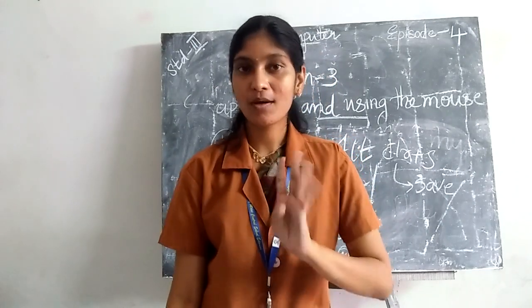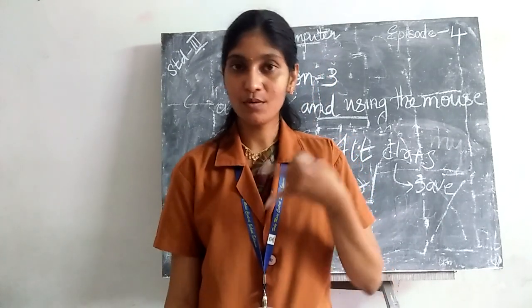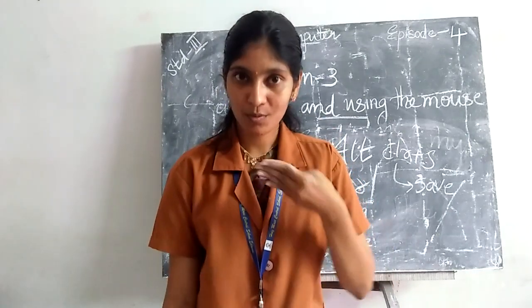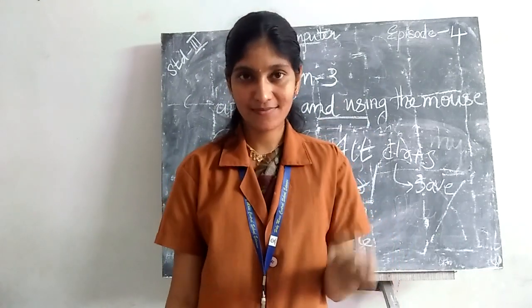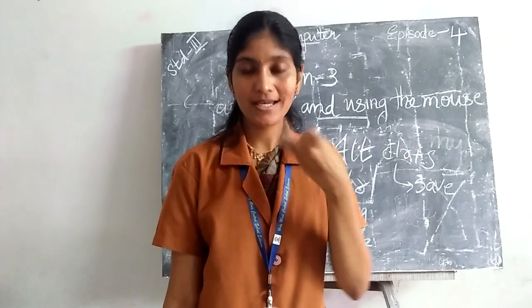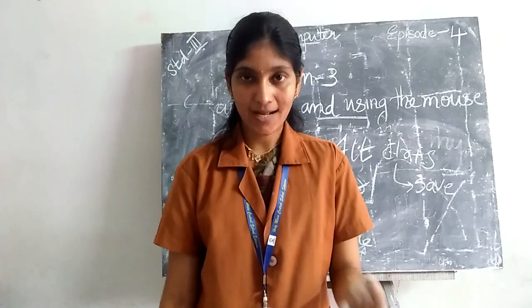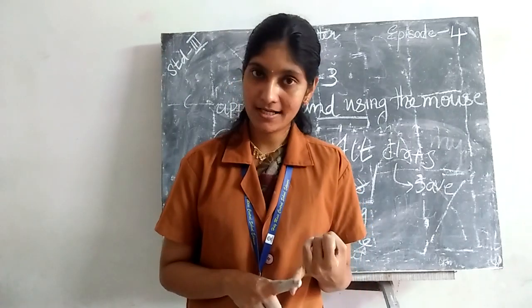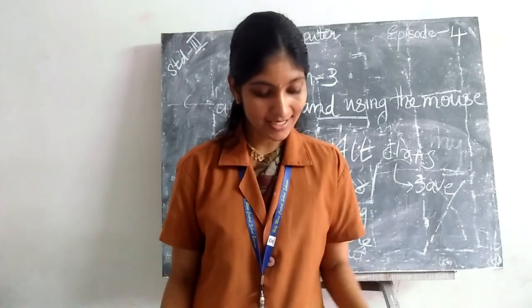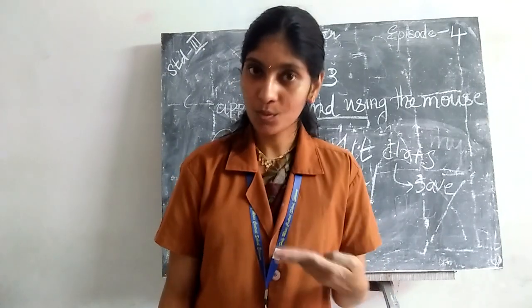We know there are 4 arrows on the keyboard: left arrow, right arrow, up arrow, down arrow, for moving left, right, up and down. Then there are some special keys. Caps lock key for creating capital letters and small letters. Enter key for creating a new line.